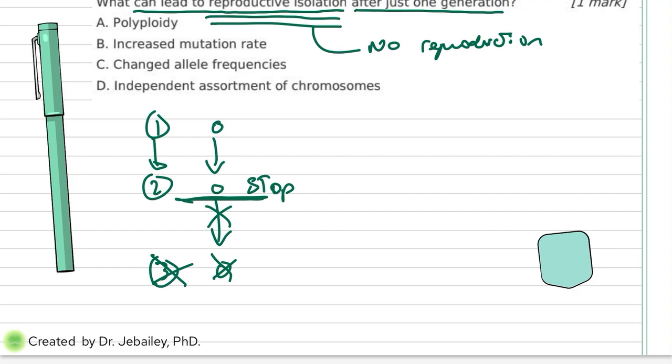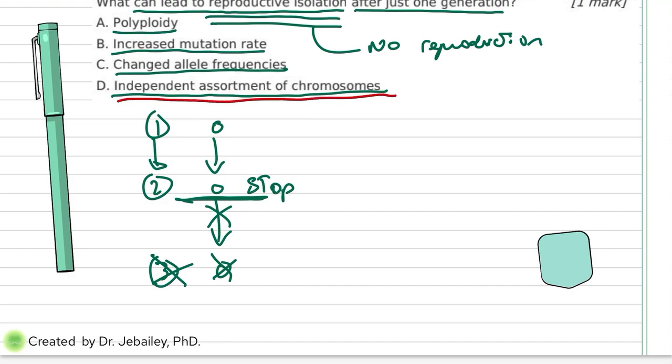So we have polyploidy, increased mutation rate, changed allele frequency, and independent assortment of chromosomes. Now, let's start with the ones that make sense to rule out. For example, independent assortment of chromosomes happens every single time you make meiosis. So no, that's normal. Change in allele frequency can happen depending on who's mating with whom, and from time to time you can change the frequency.